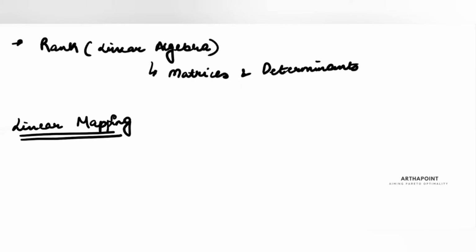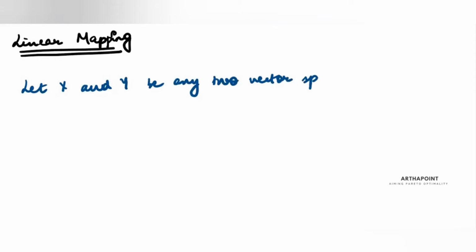So the question that then arises is, what is linear mapping? Now, assume that there are two vector spaces. Let X and Y be any two vector spaces. Now, when I'm saying that X and Y are vector spaces, they satisfy my closure properties. Now, given that X and Y are my vector spaces, we define a mapping.